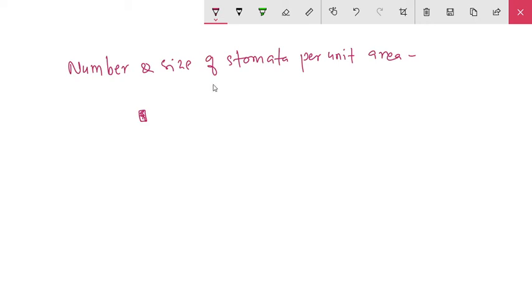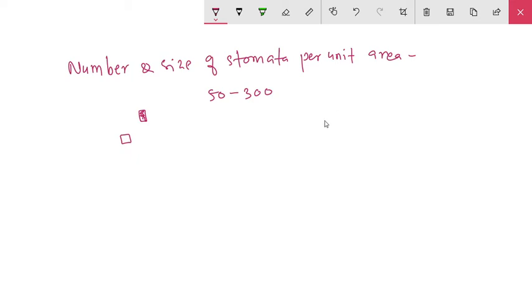Okay, so the number of stomata may vary from 50 to 300 per square mm. म्हणजे 1 mm बाय 1 mm च्या एका स्क्वेअरमध्ये 50 to 300 इतके स्टोमॅटा असतात. So if the number of stomata is more, the rate of transpiration is also more.